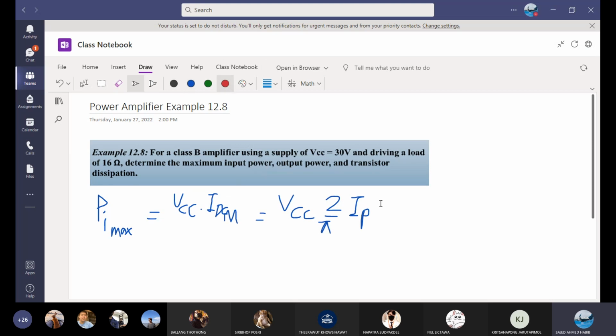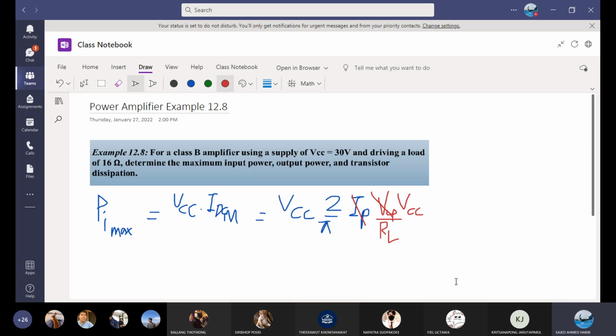So instead of IP, let me cancel out, I will write VL peak over RL. And instead of VL peak, the maximum occurs when VL peak equals VCC. Your input power equation becomes 2 VCC squared over pi RL.